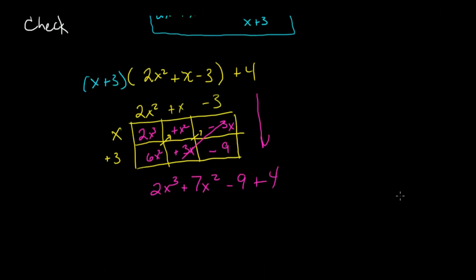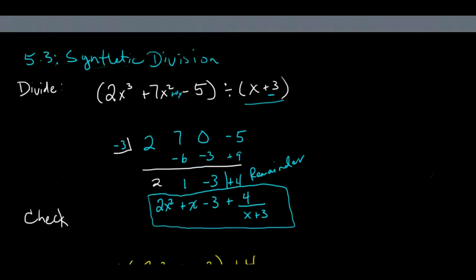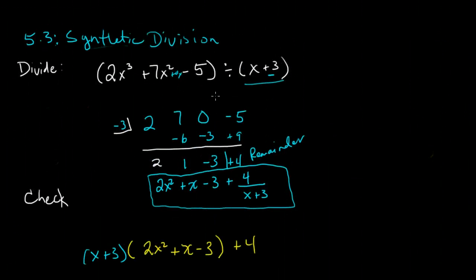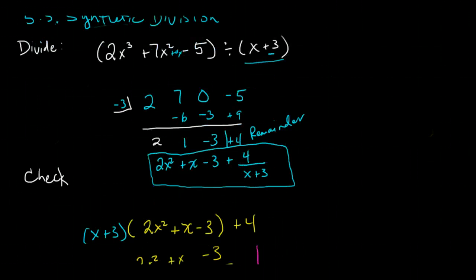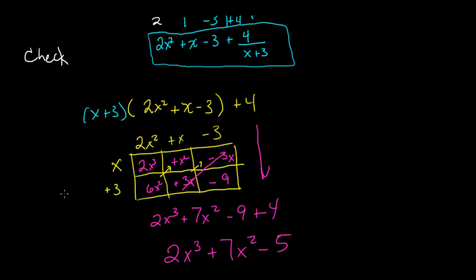So when I get it all together and combine all my like terms, I have 2x cubed plus 7x squared minus 5. And was that my original dividend? 2x cubed plus 7x squared minus 5, and yes it was.